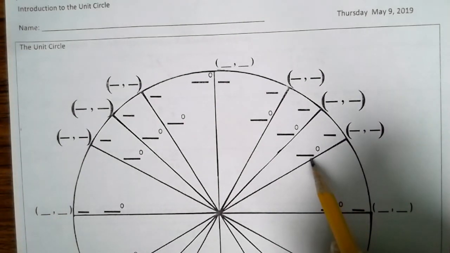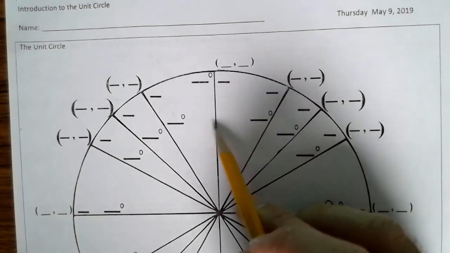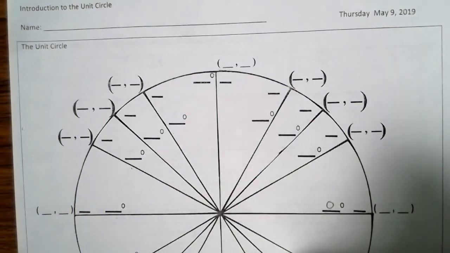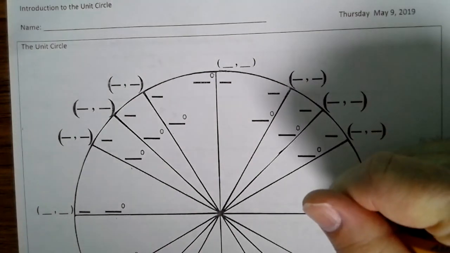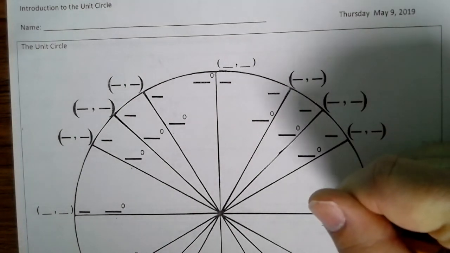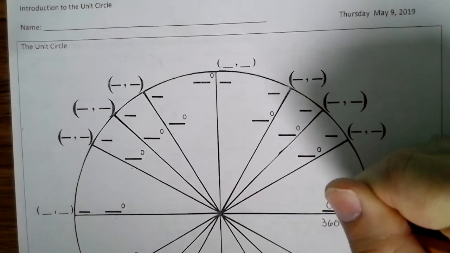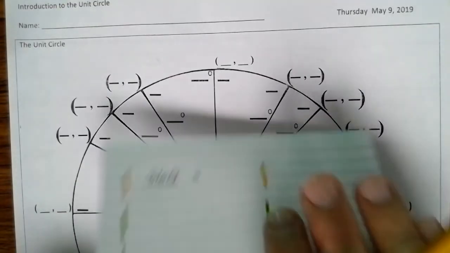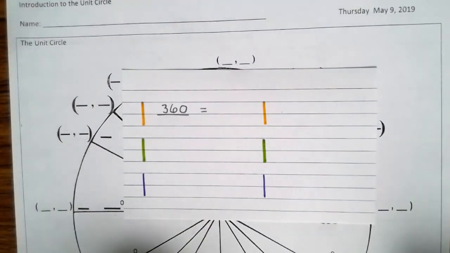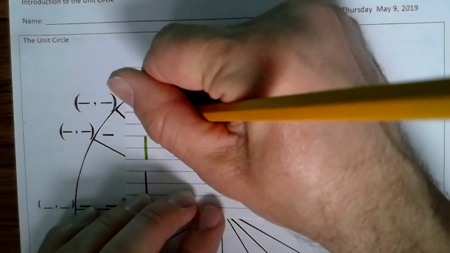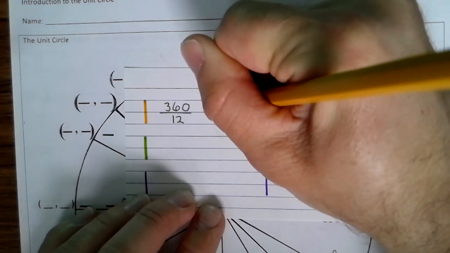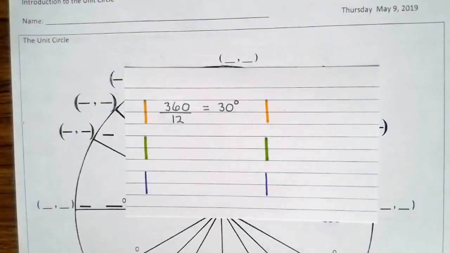So there are 1, 2, 3, 4, 5, 6, 7, 8, 9, 10, 11, 12 of those pieces out of 360 degrees, okay? So to understand this degree, let's get a note card and think about it. Well, 360 divided by 12 is 30 degrees, okay?